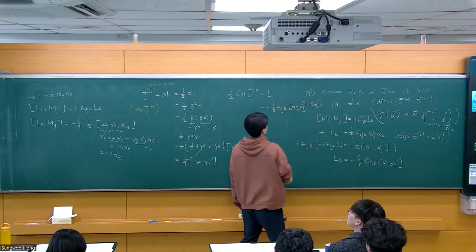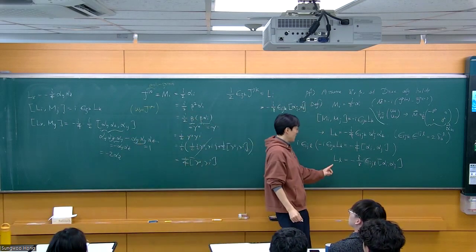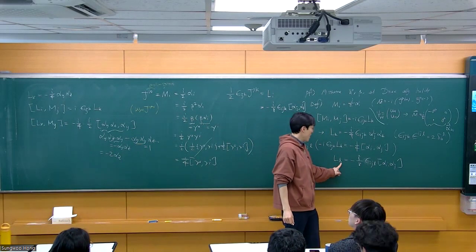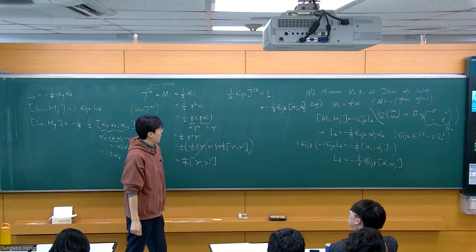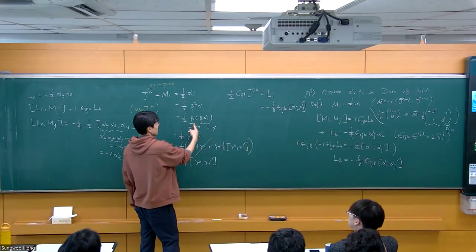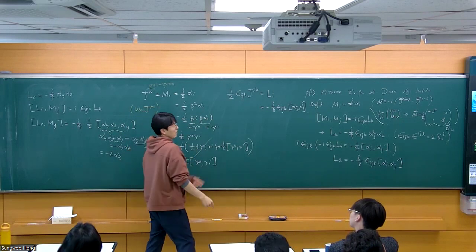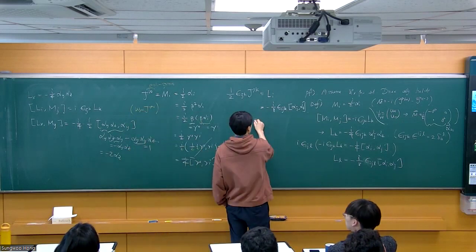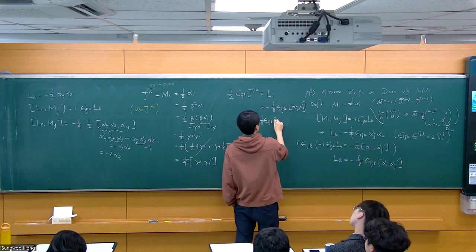K. So, makes sense, right? If I set this to be i, cyclicity, that's the right answer. Okay? Almost there. So I'm going to write this in terms of either gamma 0 or gamma i, which up to beta I have to do it. So this is equal to i over 8, epsilon ijk, beta squared.